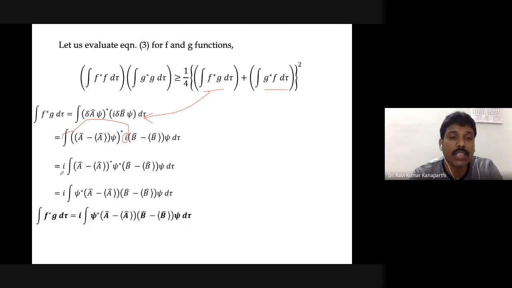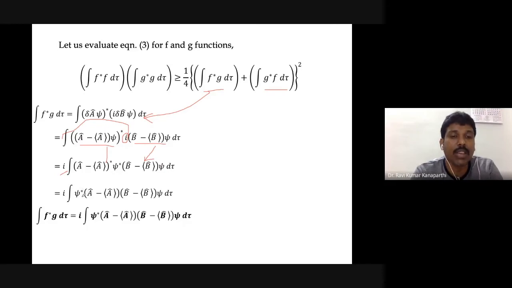So in the next step it is done here: i integral of A minus the expectation value of A, star, psi star, and then psi star with A minus the expectation value of A multiplied by B minus the expectation value of B. I have just made a slight rearrangement.